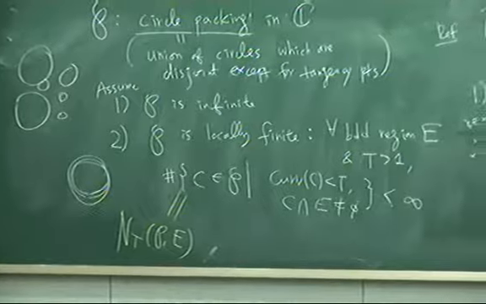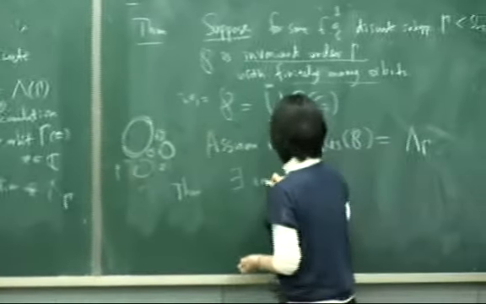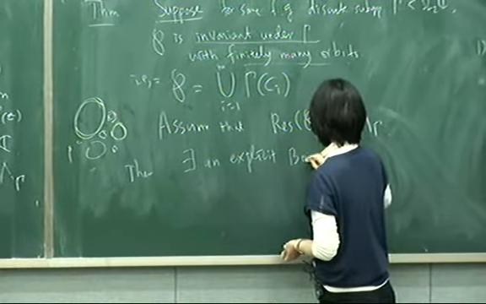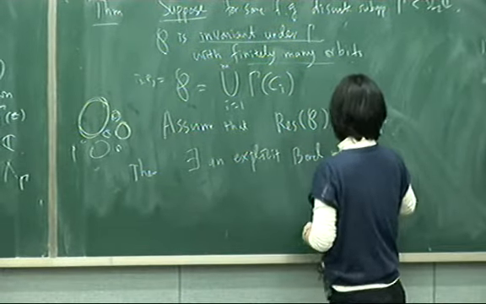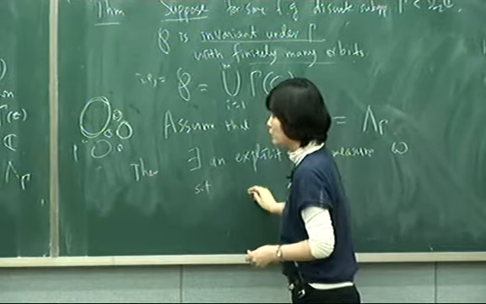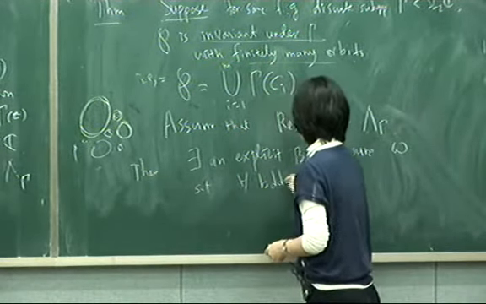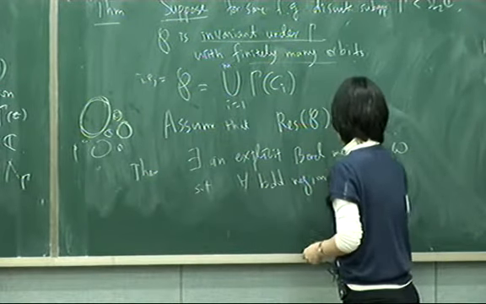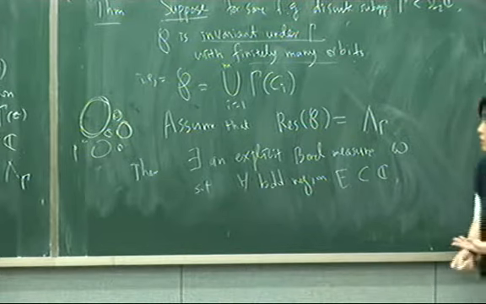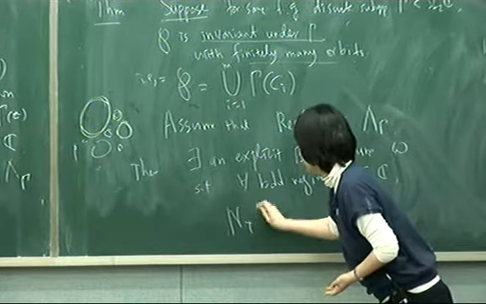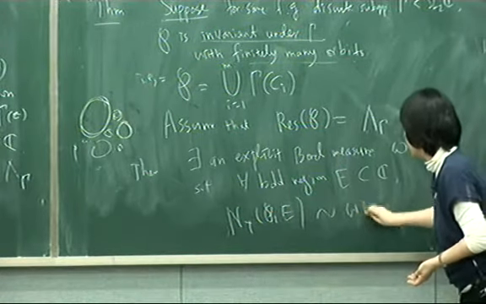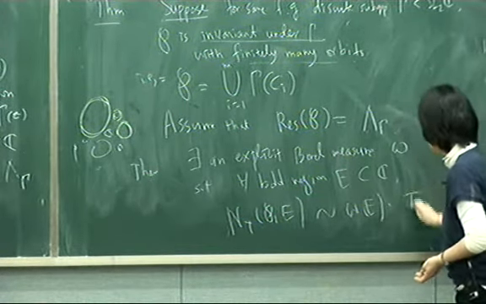Then again, there exists an explicit Borel measure, omega, such that for any bounded region E in C, whose boundary is again an algebraic curve, this counting function N_T(P, E) is governed by omega of E times T to the delta.